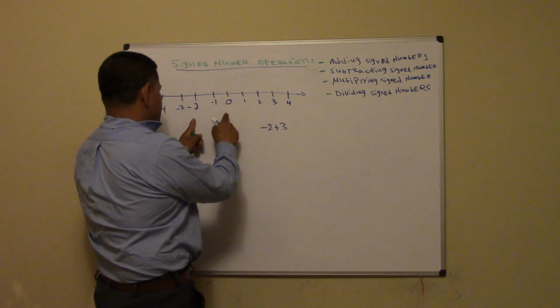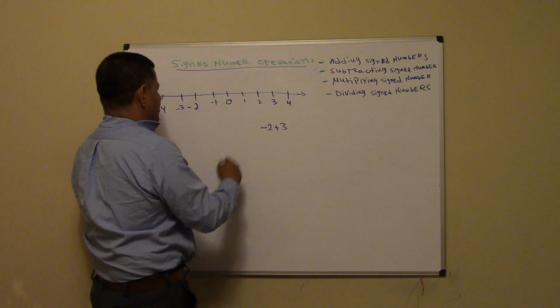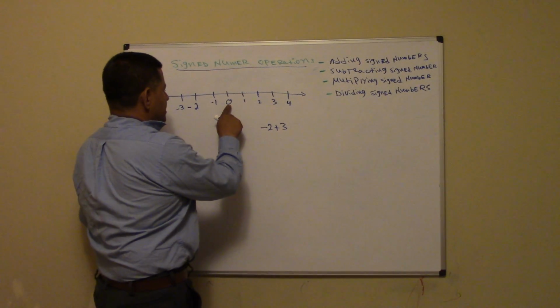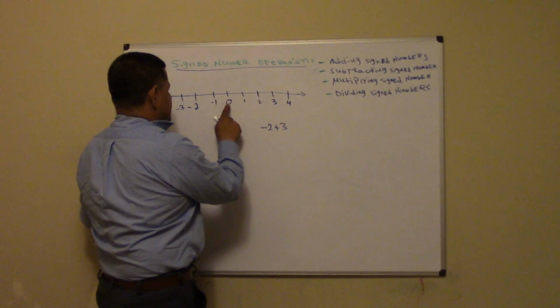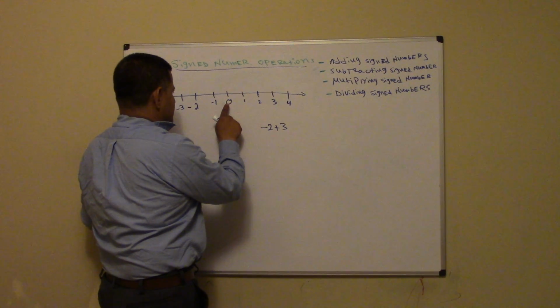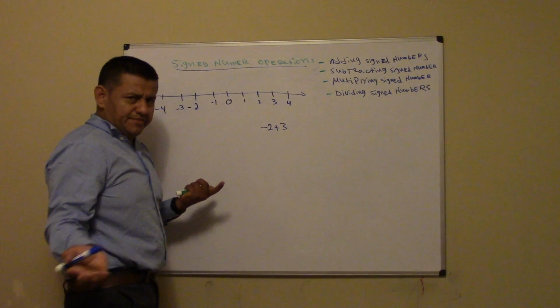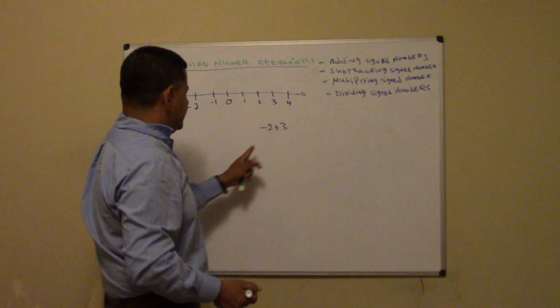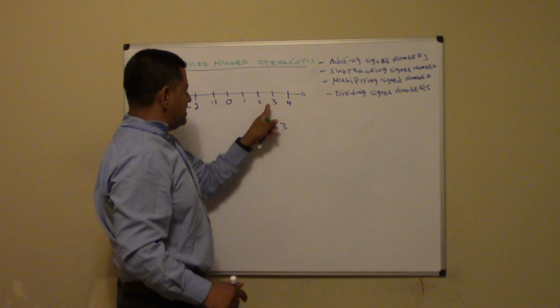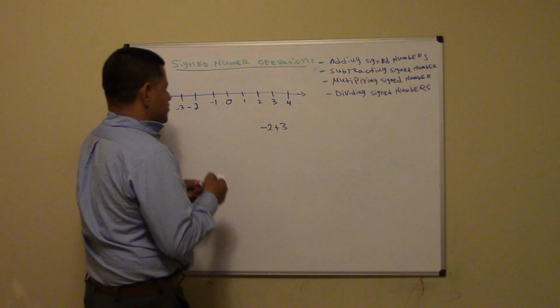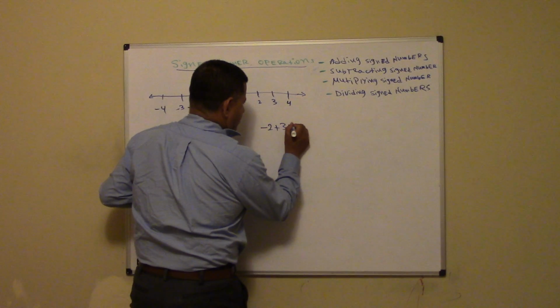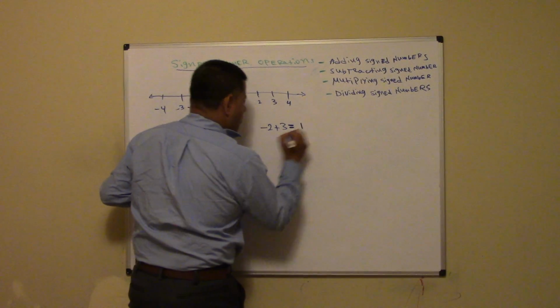See that? So technically, is the distance from 0 to 2 the same as the distance from 0 to negative 2? Well, it is the same distance, right? Now, what is the difference? The difference right here is basically 1.